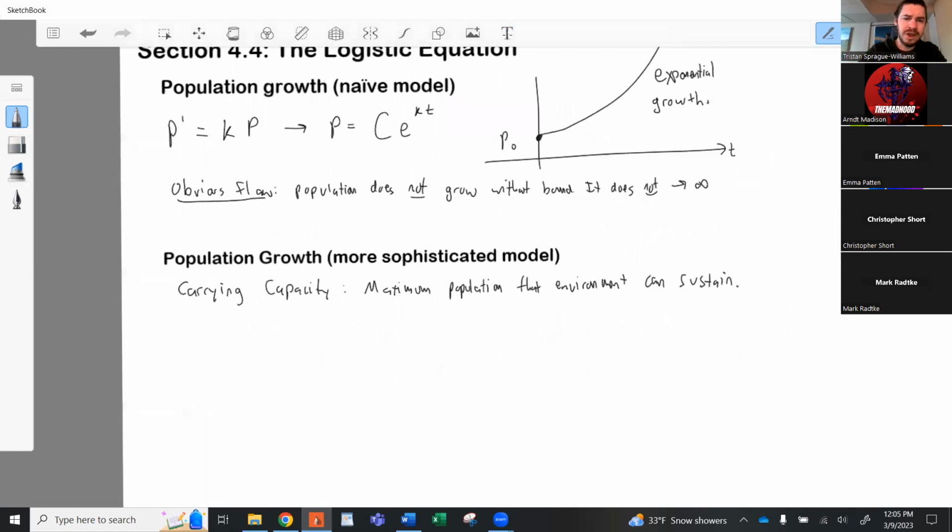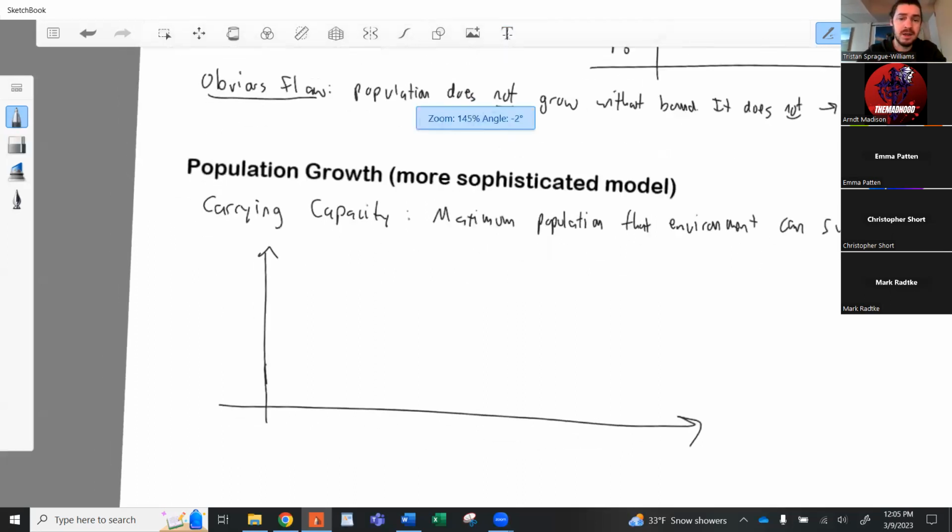And we're going to figure out what exactly that differential equation should look like. But what the graph should look like is something like this.